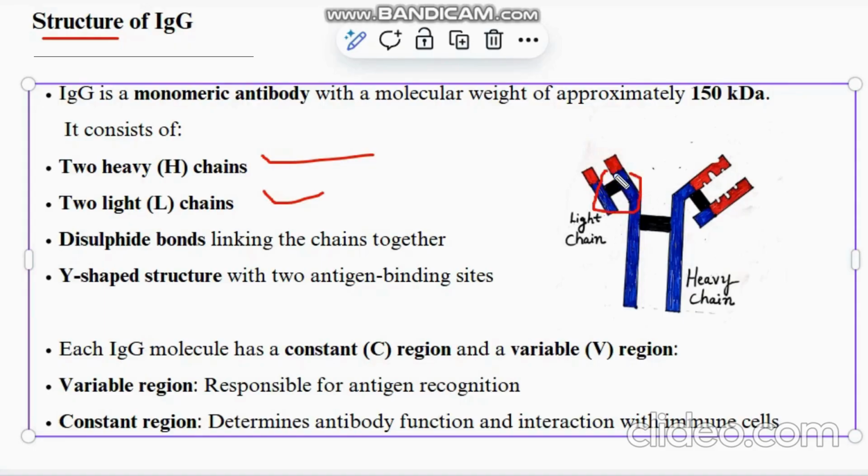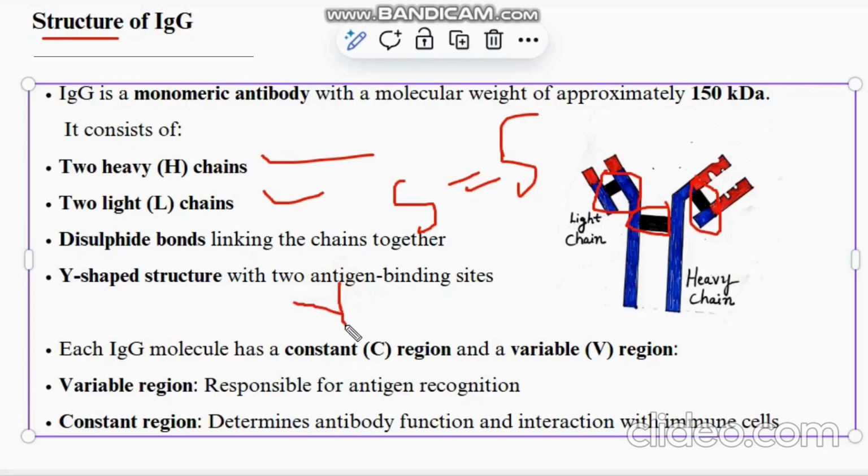It gives strength and establishes a link between the heavy and light chains. Then it looks like a Y shape in structure.